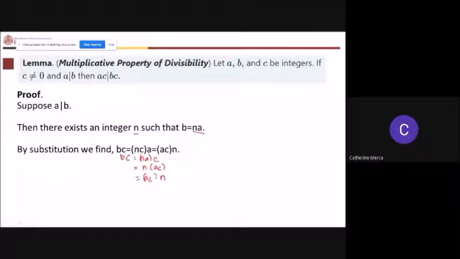So, pareho lang, no? Those are the basic properties para makuha niyo. So, because of that, ac divides bc. Since c is not equal to 0, it follows that ac is not equal to 0, so that ac divides bc as needed.